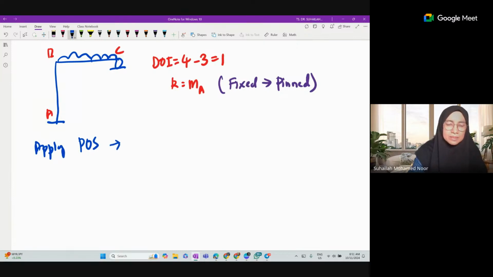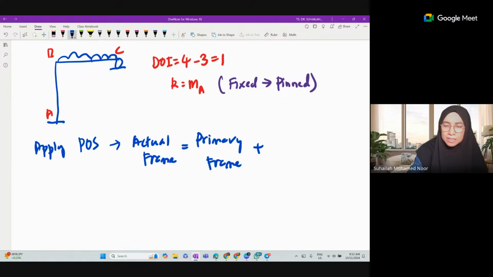It states that the actual frame equals the primary frame plus the redundant frame.